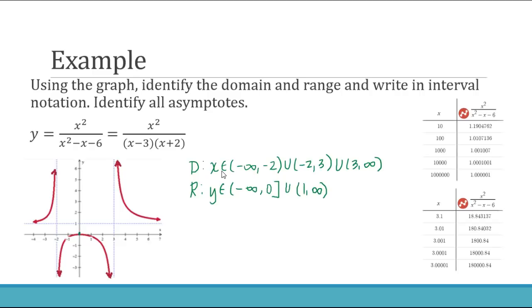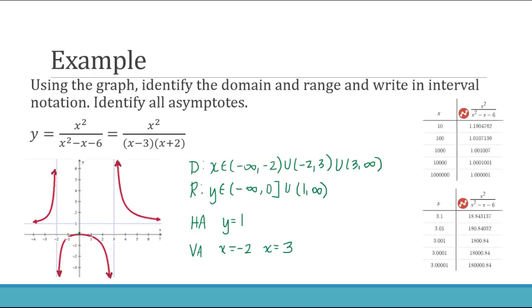And now we're going to go ahead and list the horizontal asymptote. So the horizontal asymptote is the line y equals, so it's important to write y equals since it's a horizontal line, y equals 1, this dotted line. And then the vertical asymptotes, there happens to be 2, have to be x equals, so x equals -2 and x equals +3.